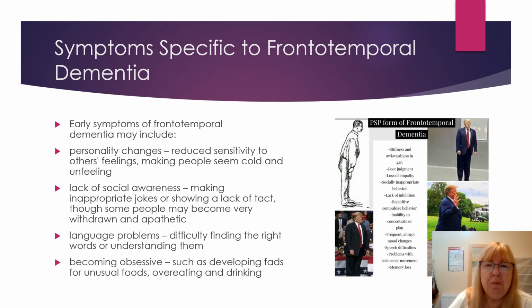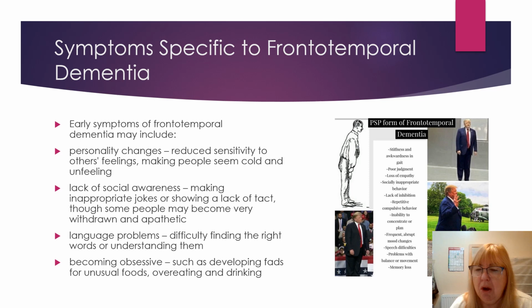Frontotemporal lobe dementia. Remember, it sort of comes on earlier. More symptomized by personality changes than anything else. Reduced sensitivity to other people's feelings, making them seem cold and unfeeling. So they might have been quite warm when they were younger, but now they're a little bit switched off.